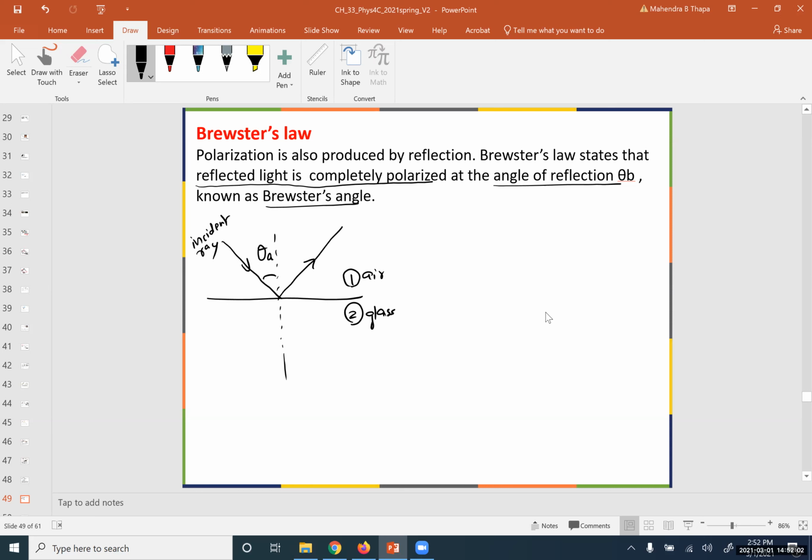This is not quite a new concept. This is reflected, and some part will be refracted. This is the refracted ray.